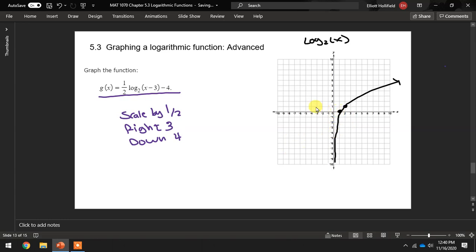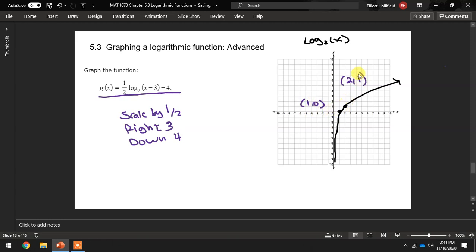So here we have the two ordered pairs on our original graph. The first was 1, 0, and the second was 2, 1. Now we're going to shift those ordered pairs first by scaling the y value by 1/2. So if we scale 0 by 1/2, that stays at 0.